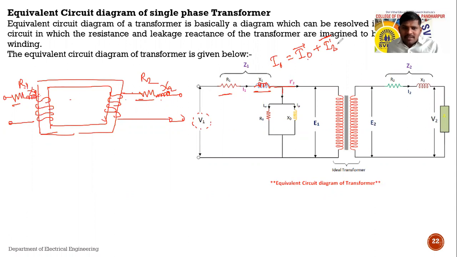That means I0 plus I2 dash. And I0, the no load component of the current, is also the vector sum of two components: IW, the working component, and I mu, the magnetizing component.